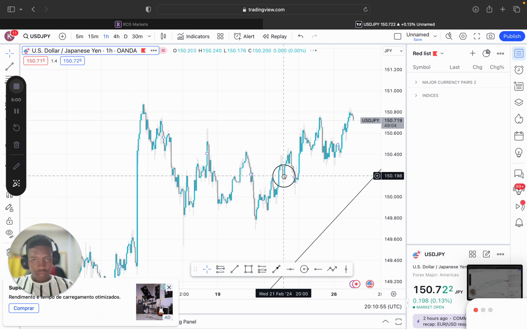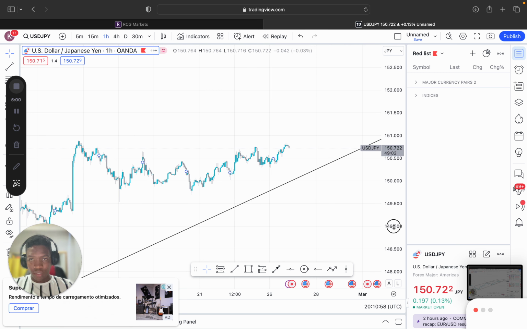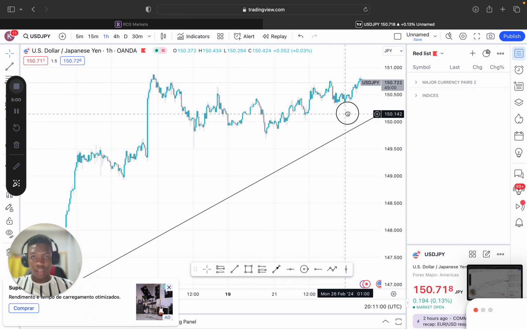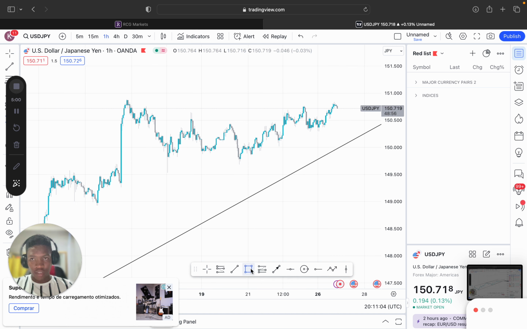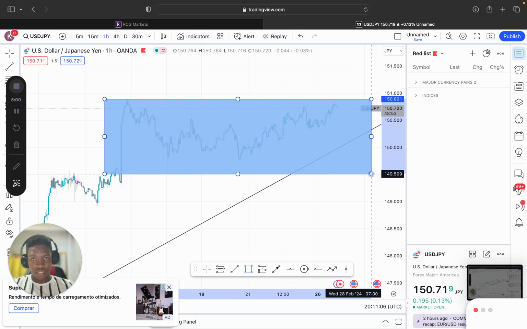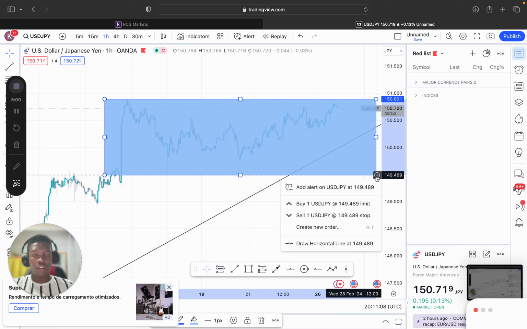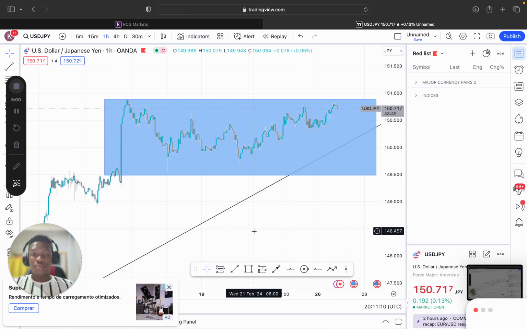On the 1-hour time frame, from this zone right here it looks like a bit of consolidation, without much movement. It could be because it's Monday, and Monday is a really hectic day, so I don't normally trade on Monday, but if I see opportunities I trade.